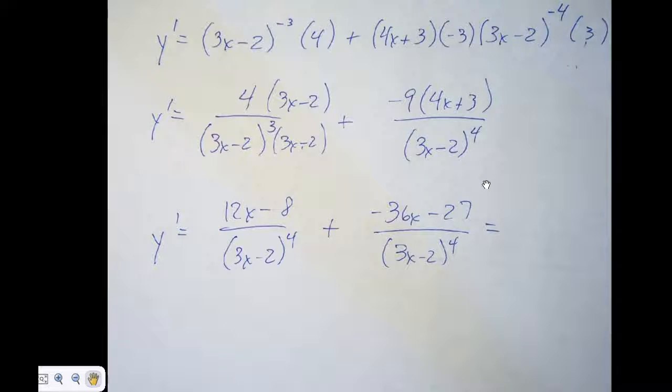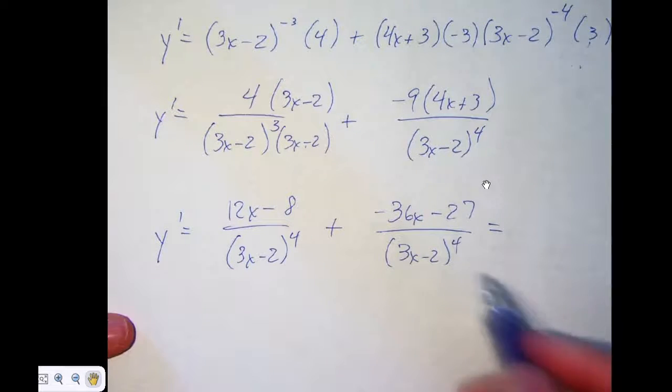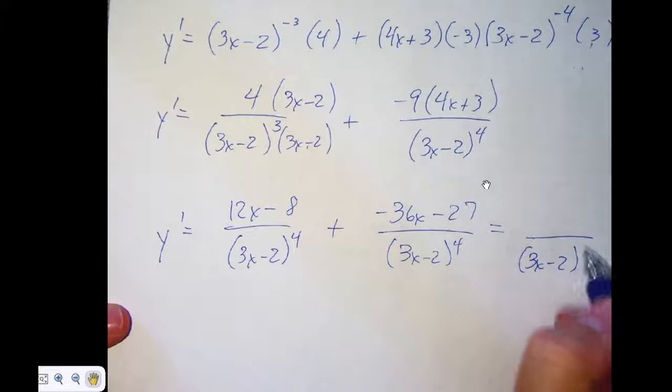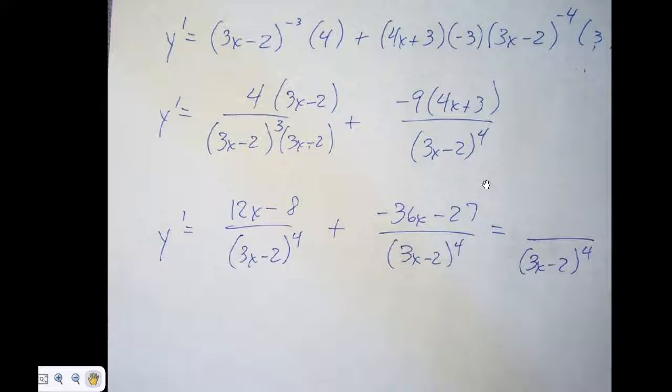So yeah, the calculus isn't the hard part. It's just the algebra simplifying that bogs us down. Will it always be that easy to simplify the denominator? They don't always. Well, that's the way we take derivatives.